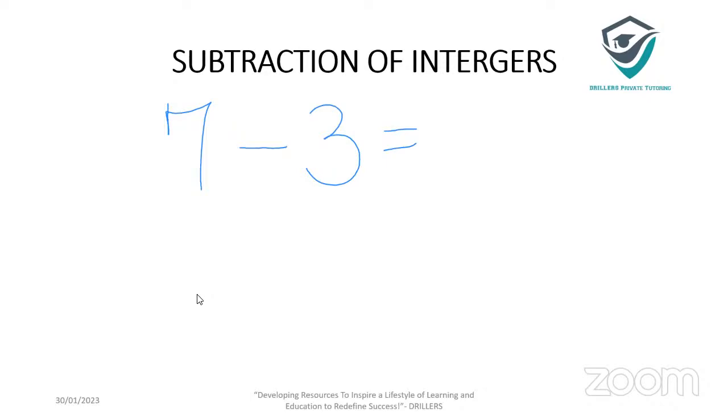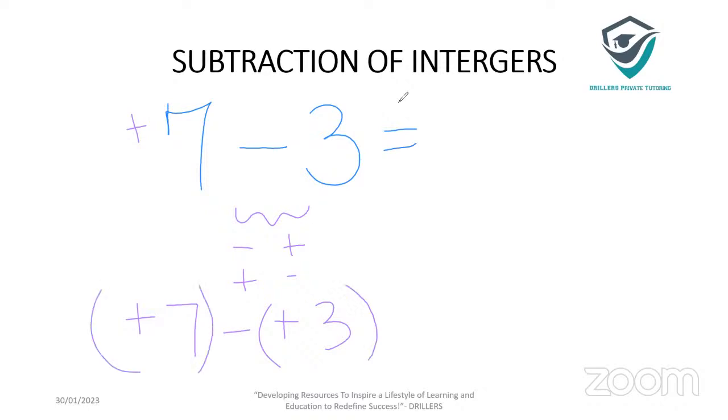we understand that this 7 is positive. And then I know I can split this negative sign into negative and positive, or positive and negative, it doesn't matter. So if I were to rewrite that, I could put positive 7, take away positive 3. If I wanted to, I could rewrite it.